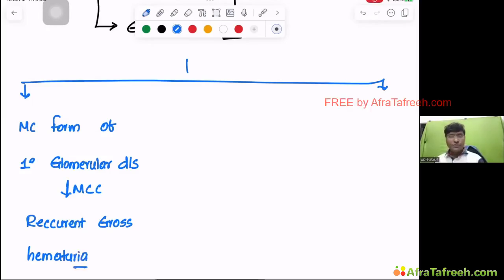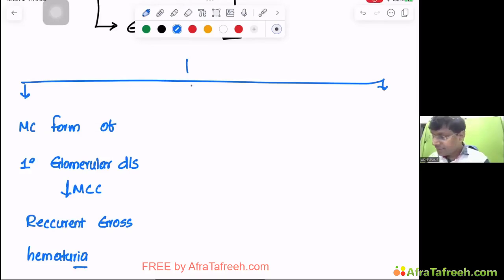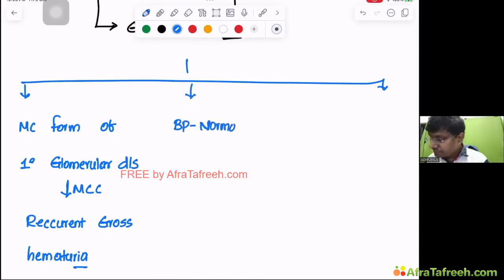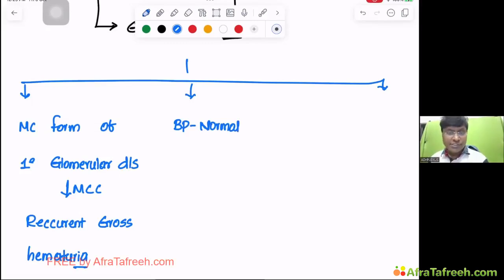Right, the most common cause of recurrent gross hematuria will be your IgA nephropathy. The blood pressure in these individuals is absolutely normal, right? And the prognosis in these patients is not as good as what we discussed in PSGN.